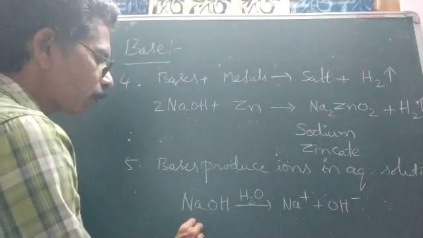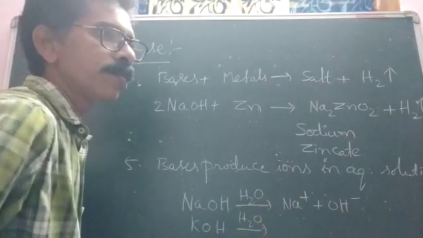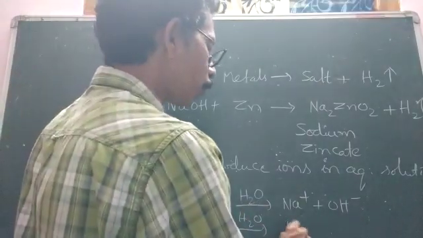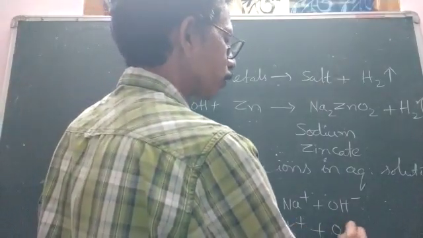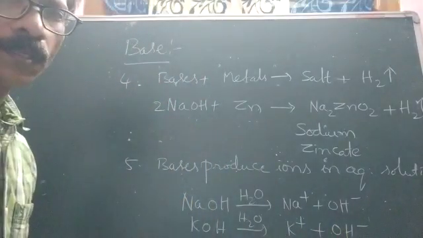Another one, potassium hydroxide, when dissolved in water forms potassium ions and OH minus.